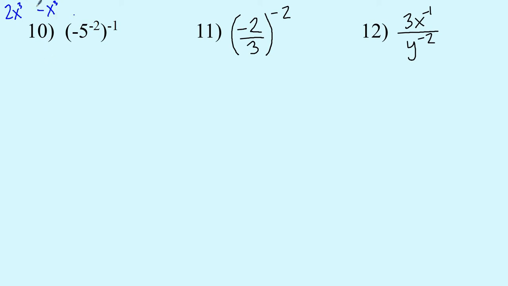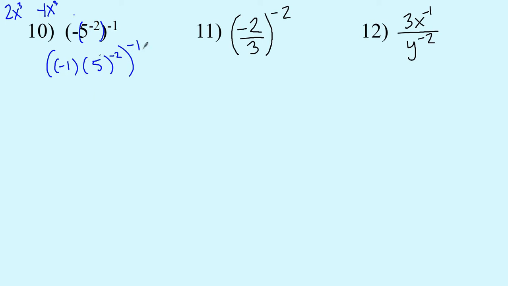Well, think about it. The number in front here is -1. No, we're not cubing it. So think of it as -1 times 5 to the -2. Only the 5 is being raised to that -2, and then everything's being raised to the negative 1.